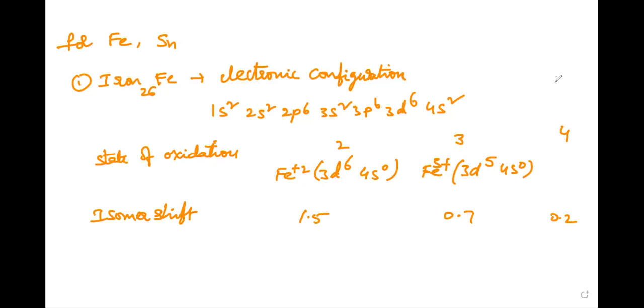Similarly, you can write for tin. What is the atomic number for tin? Sn, atomic number is 50.